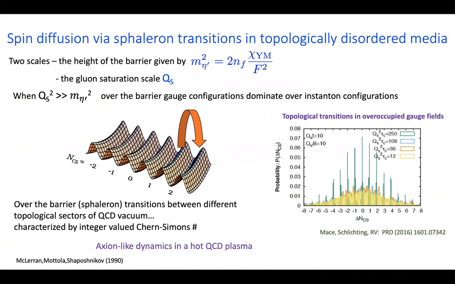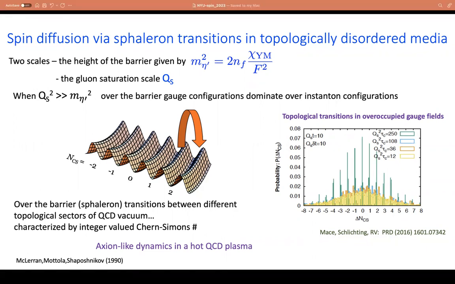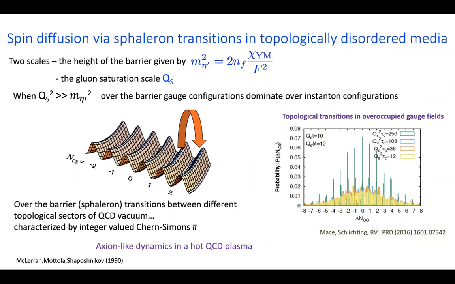And you can actually count these sphaleron transitions. These sphaleron transitions actually scale with the string tension in a very nice way. And this is far out of equilibrium. These are real-time classical simulations of Yang-Mills, far out-of-equilibrium dynamics, and you see such topological charge, and you can count sphaleron transitions.